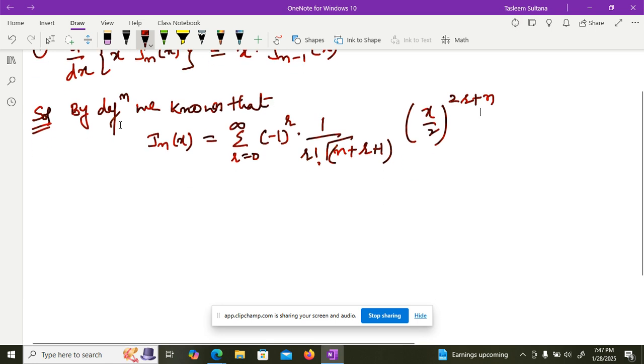Now we will consider the LHS. With the help of the LHS, we will show the RHS.